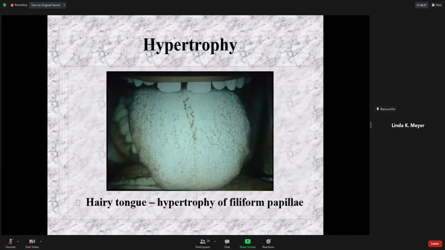And then the term has also been applied to the filiform papillae. When there's an overgrowth of the filiform papillae, they become more heavily keratinized, they're said to have hypertrophy. So this is not related to muscle, but it's just another application of the term.